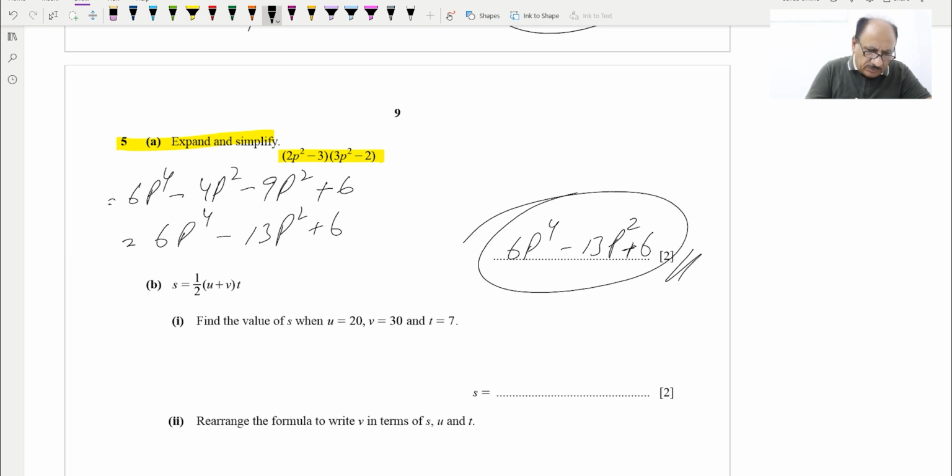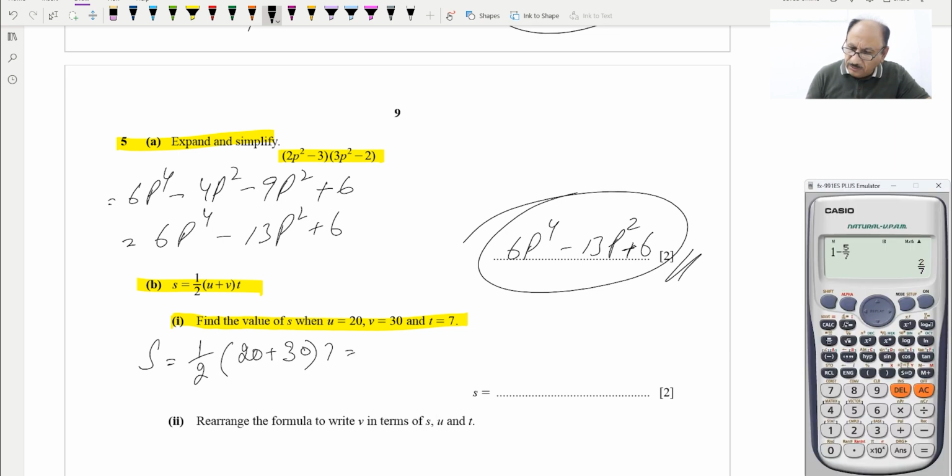Hopefully you understand this. Now the next part B is S is equal to half into u plus v into t. Find the value of S when u, v and t values are provided. We need to just substitute the values in the equation. 1 by 2 into u will be 20 plus v will be 30, into t will be 7.